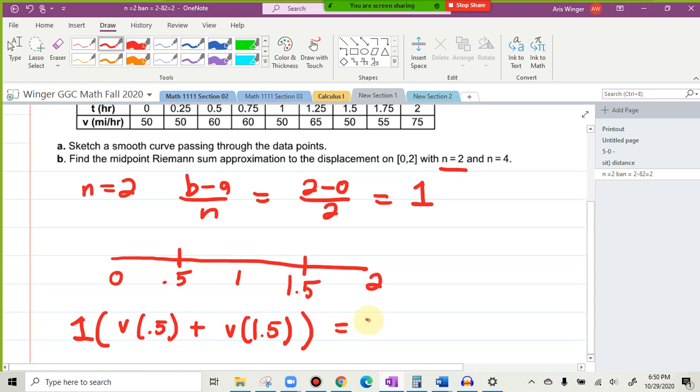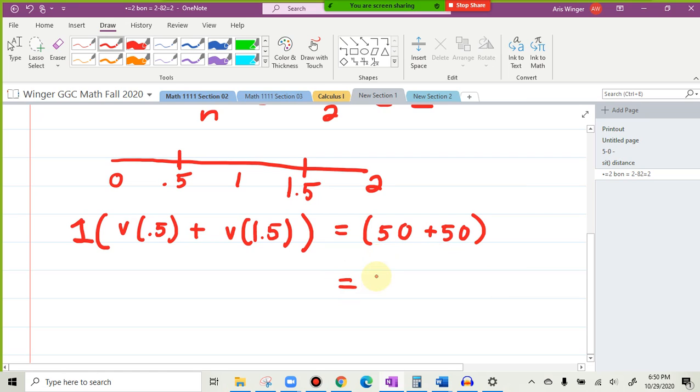That equals 1 times the value at 0.5, we were going 50 miles an hour at 0.5, and then at 1.5 we were also going at 50 miles an hour. 100 miles.